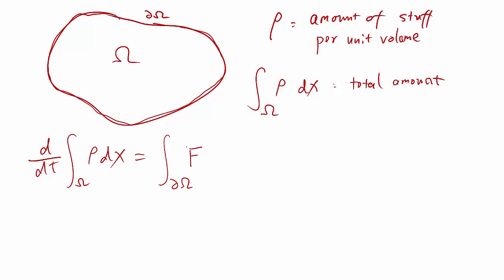Let me write it as F times. I mean, flux usually has a direction because it is either in or out, or it can be in the tangential direction, which doesn't contribute. So the flux needs to be dotted with the surface normal. If the dot product is positive, that means inflow, right?